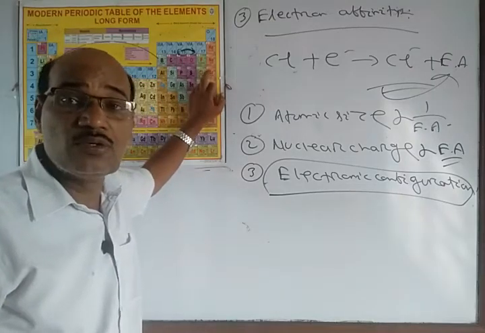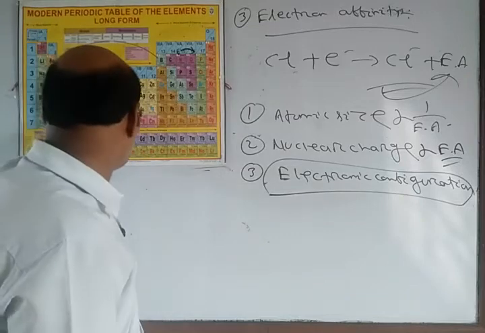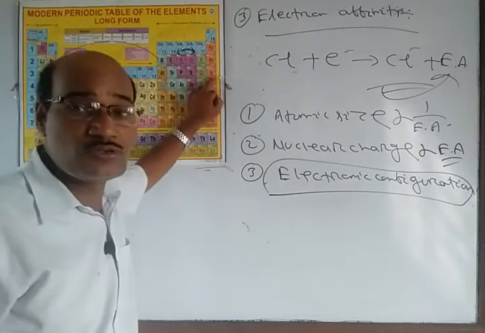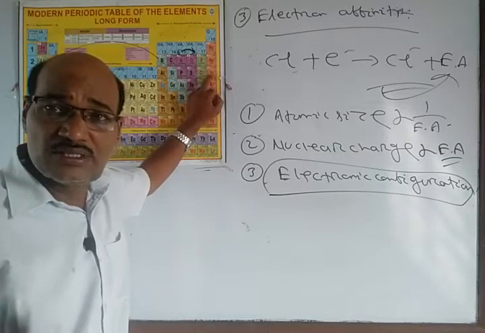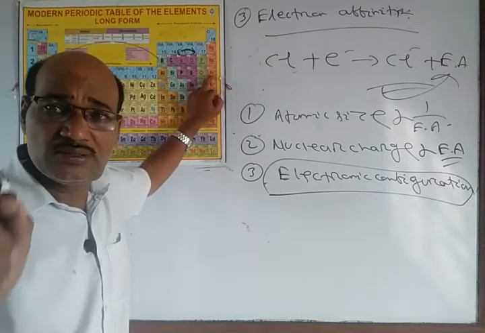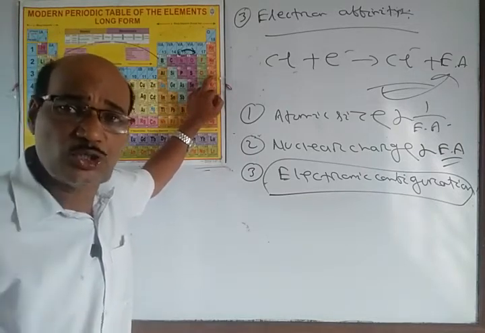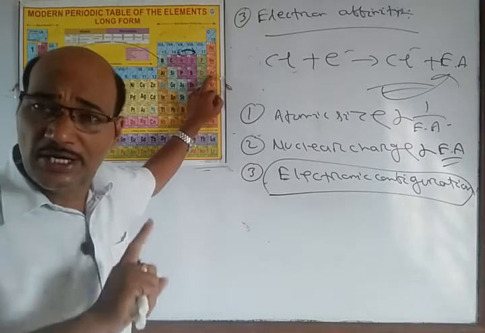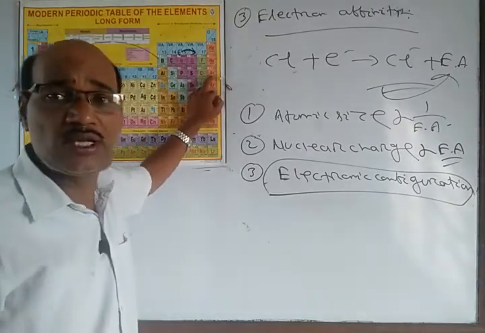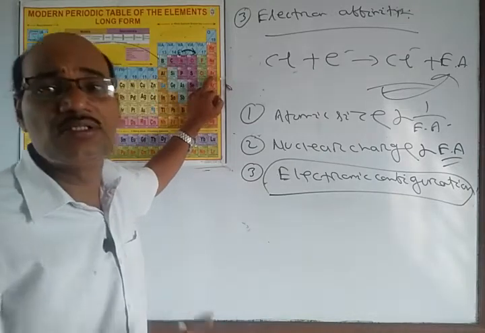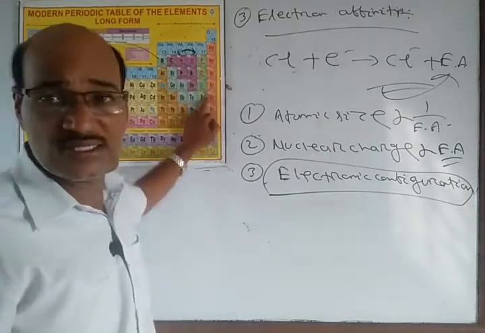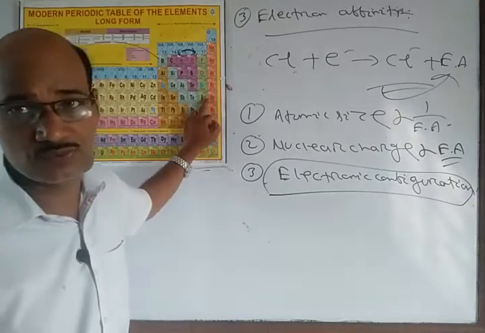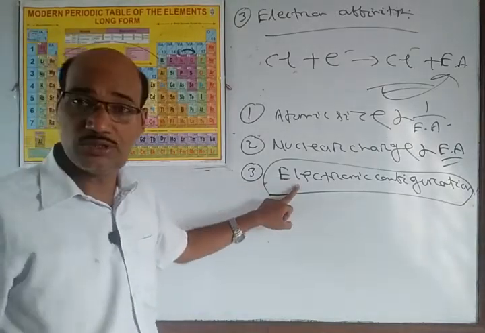But in the case of electron affinity, it increases, but suddenly becomes 0 because the noble gases have a stable, completely filled electronic configuration. So they don't take any electrons and never release any energy. So the electron affinity of noble gases is 0 due to stable electronic configurations.